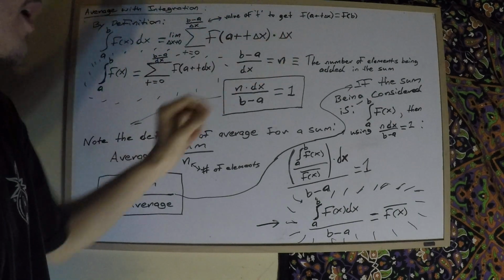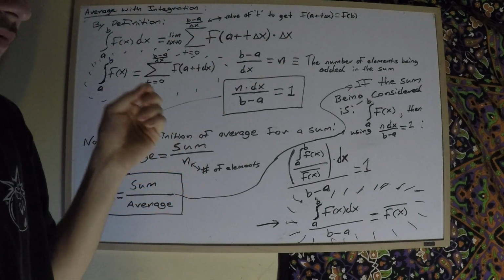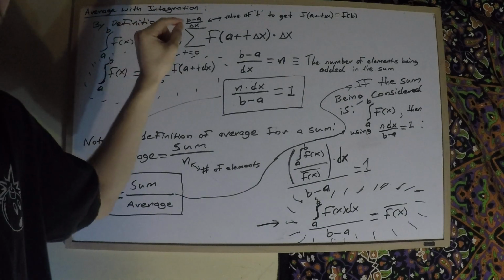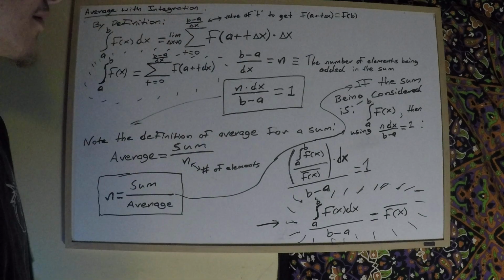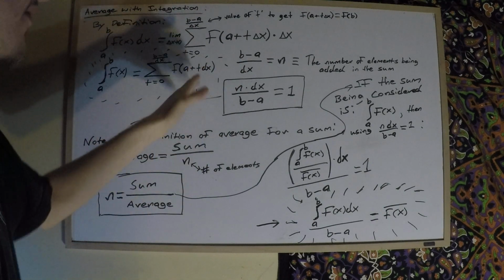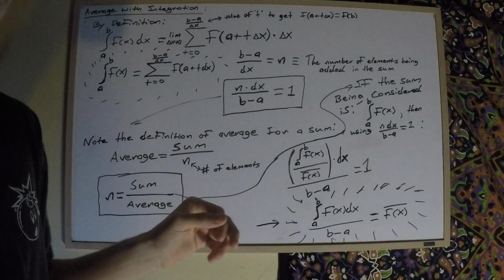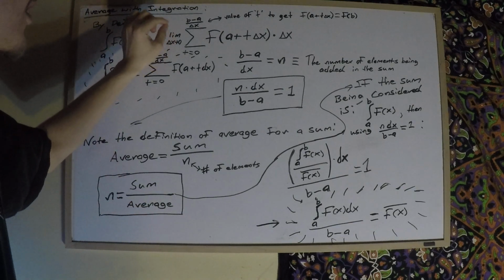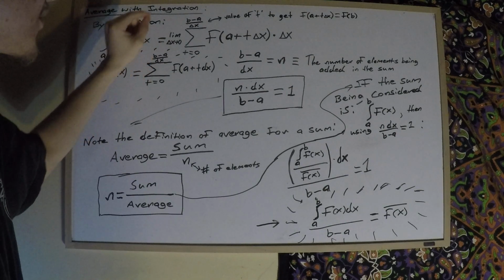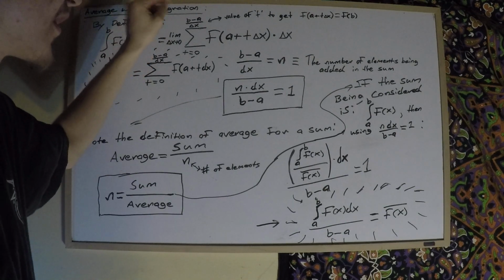And you're multiplying that by delta x, so you're also taking the limit as delta x approaches 0, so each time you see delta x, this is a value that's equivalent to the differential of x. So you have a lower limit of t equals 0, an upper limit of b minus a over delta x.